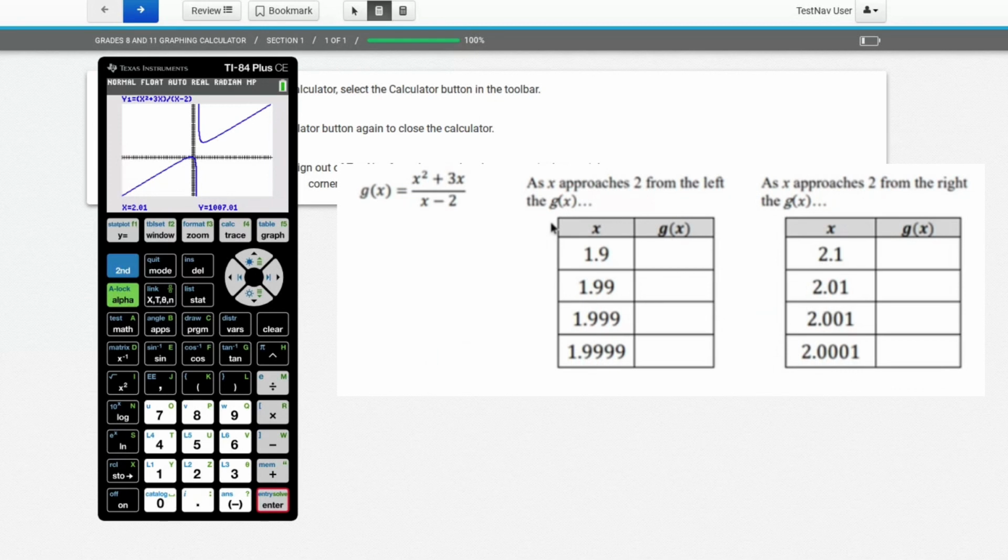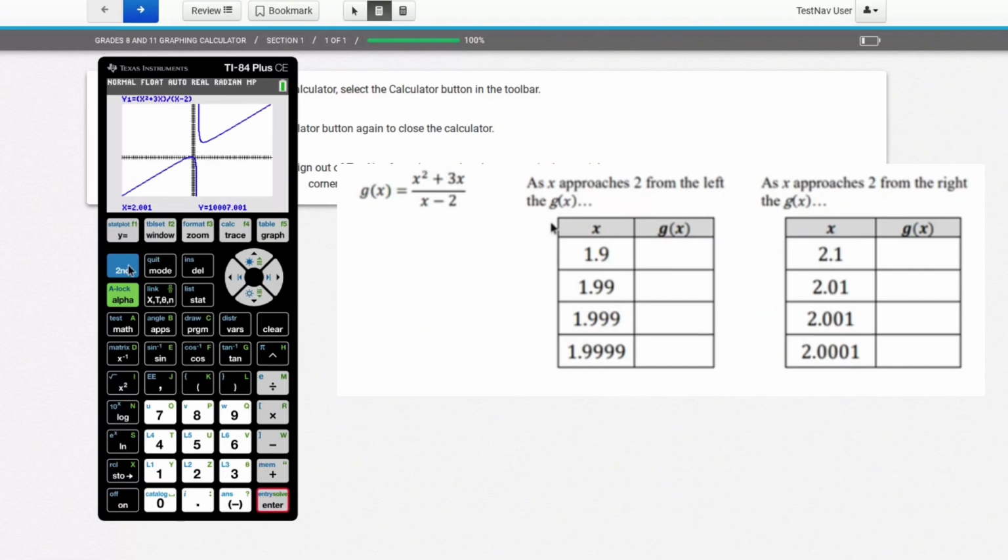Second calc, value, 2.001, enter. That gives us a value of 10,007.001.